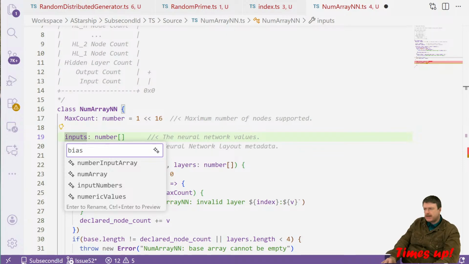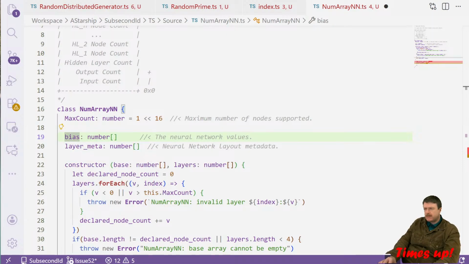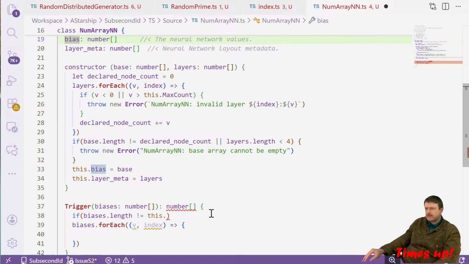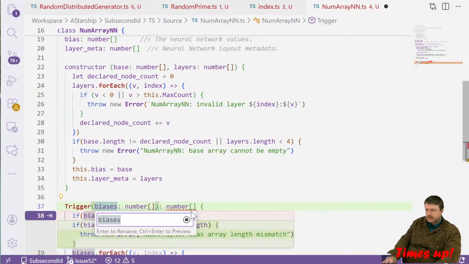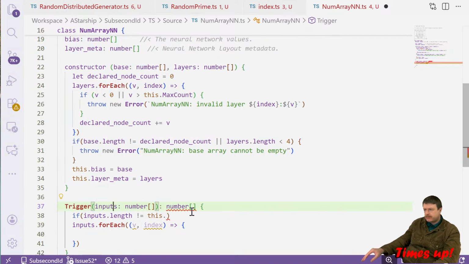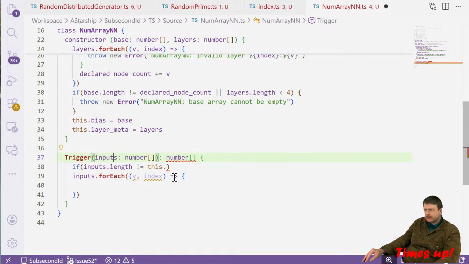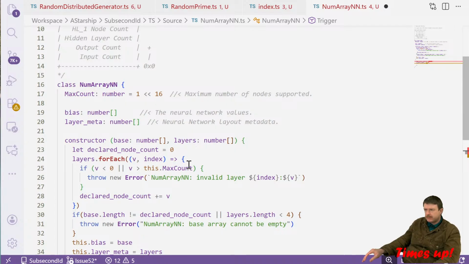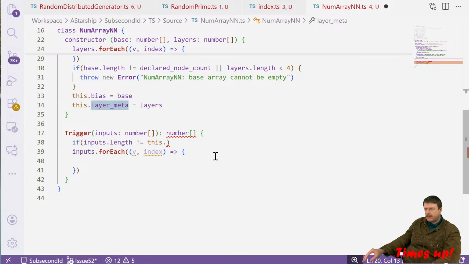There's the bias here. Right. So layer metadata.